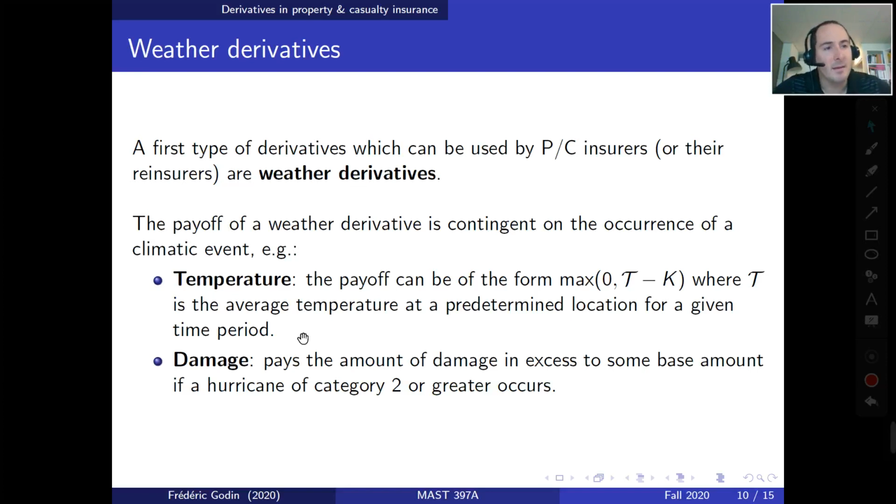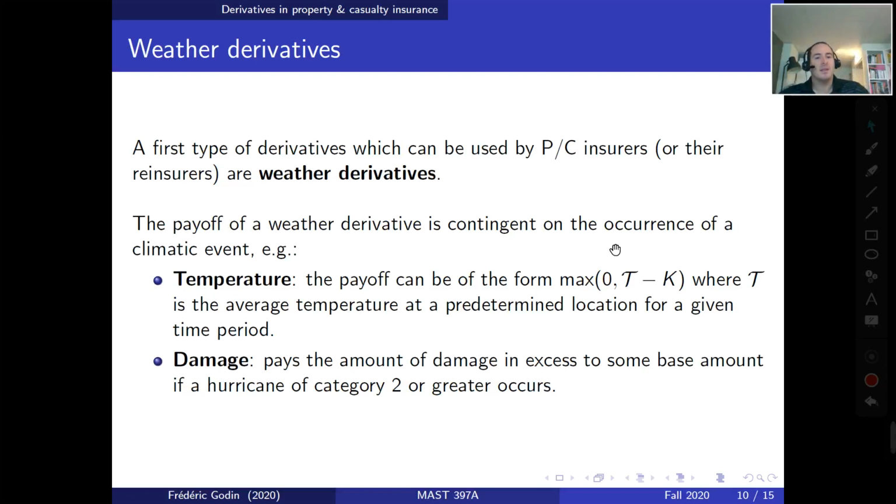So to protect themselves against that risk, they could purchase these types of derivatives, which would give basically zero payoff if the summer is cool, but a very high payoff if the summer is very hot. So we can see that this type of option would provide cash flows in scenarios where insurers would most need them, and zero cash flows when insurers don't need them.